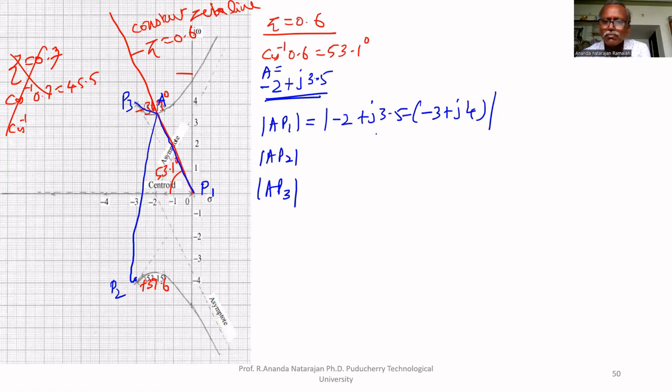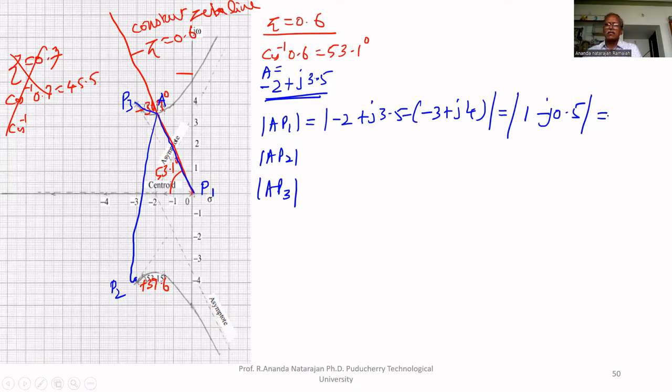That is equal to minus 2 plus 3, which is 1, and 3.5 minus 4, which is minus 0.5, so 1 minus j0.5.